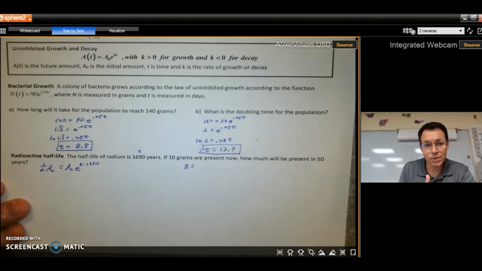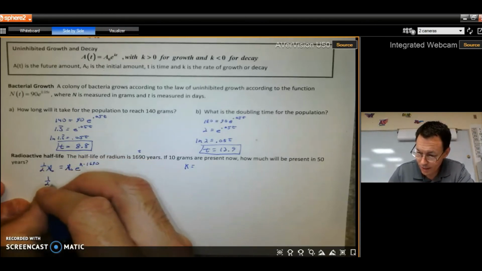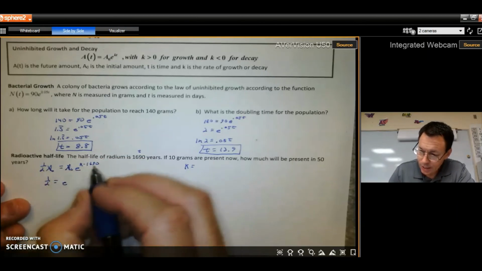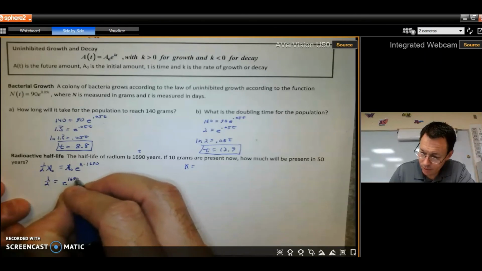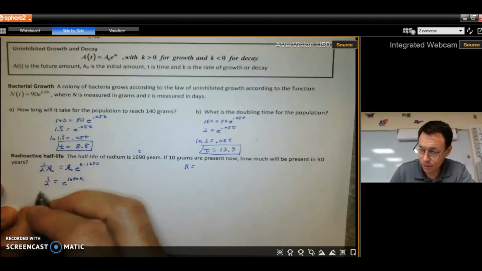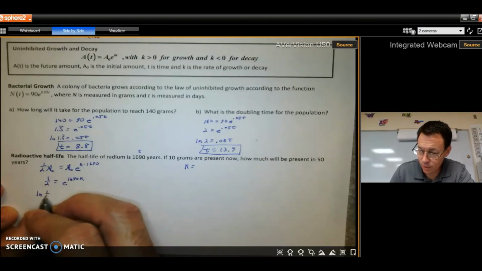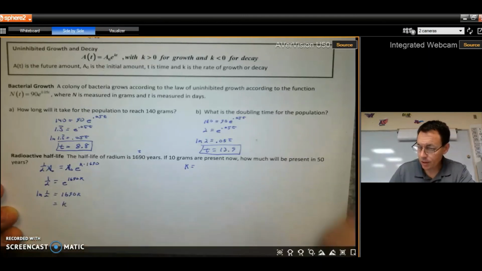If I divide both sides by A, they're going to cancel, and I'm going to have 1/2 equals e to the 1,690k, and then I'm going to flip these around so it looks more normal to us, where we have the number first followed by the variable. That's it. Now this is a calculator problem. Take the natural log of 1/2, divide it by 1,690, and that'll be our k value.